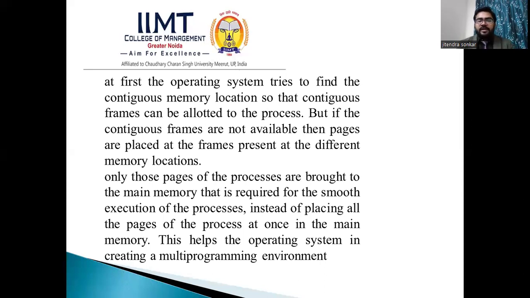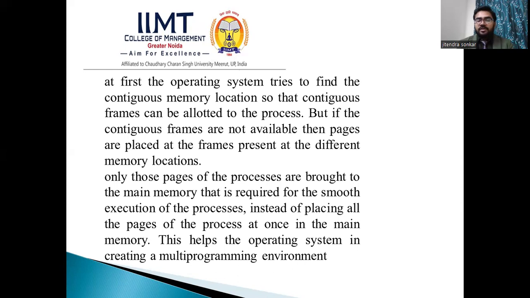At first, the operating system tries to find contiguous memory locations so that contiguous frames can be allotted to the process. But if contiguous frames are not available in the memory space, at that time the paging concept takes place to allow the process non-contiguous memory allocation.